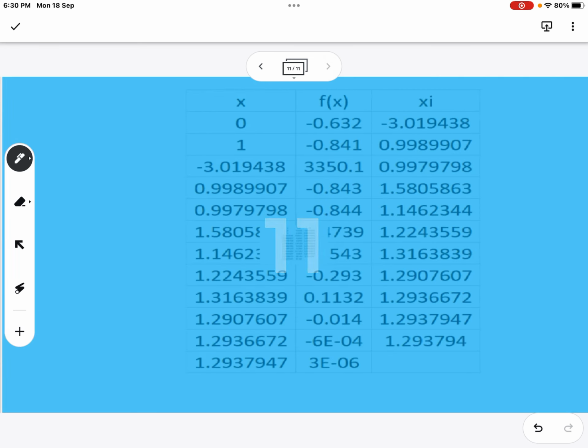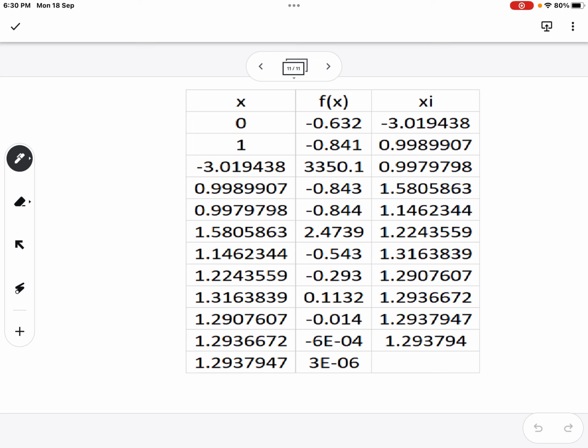If I choose different initial points, then I see over here that we get different approximations. So this is the initial approximation.